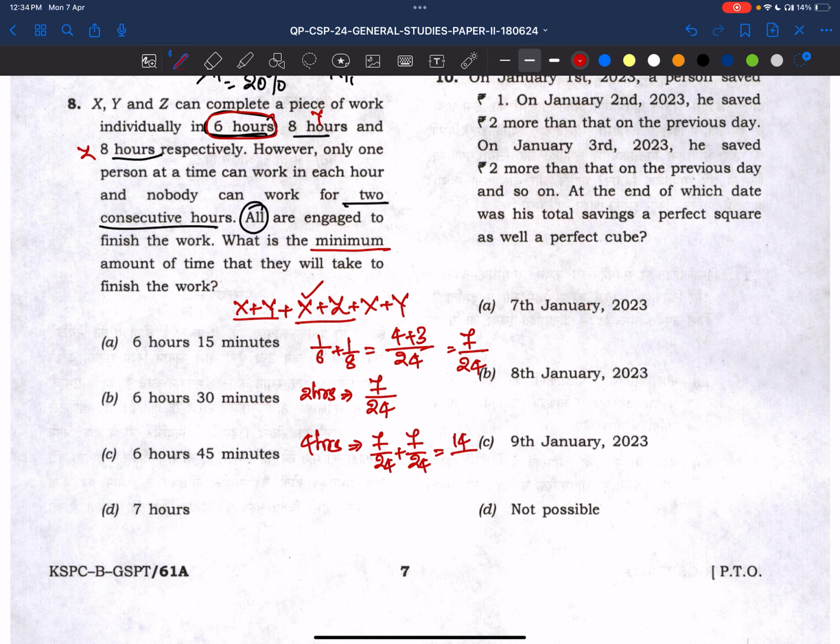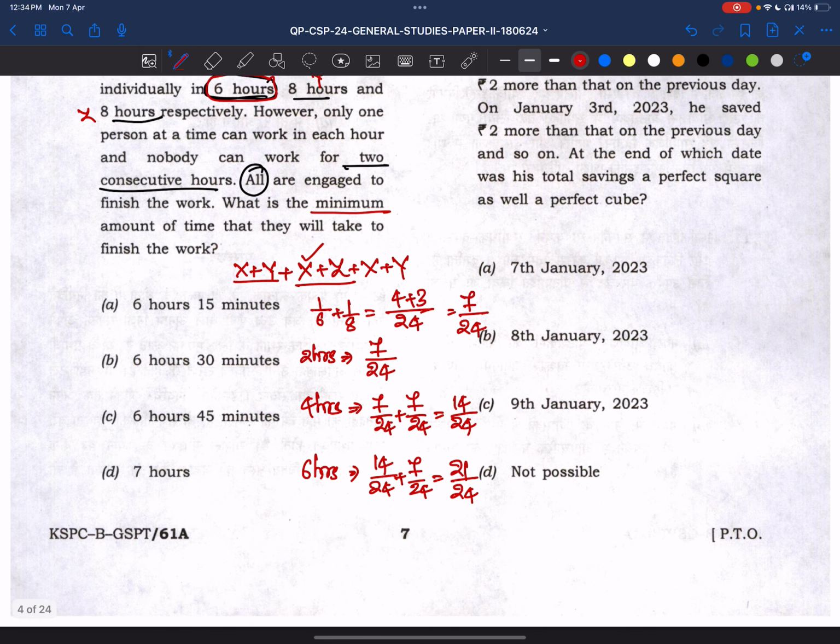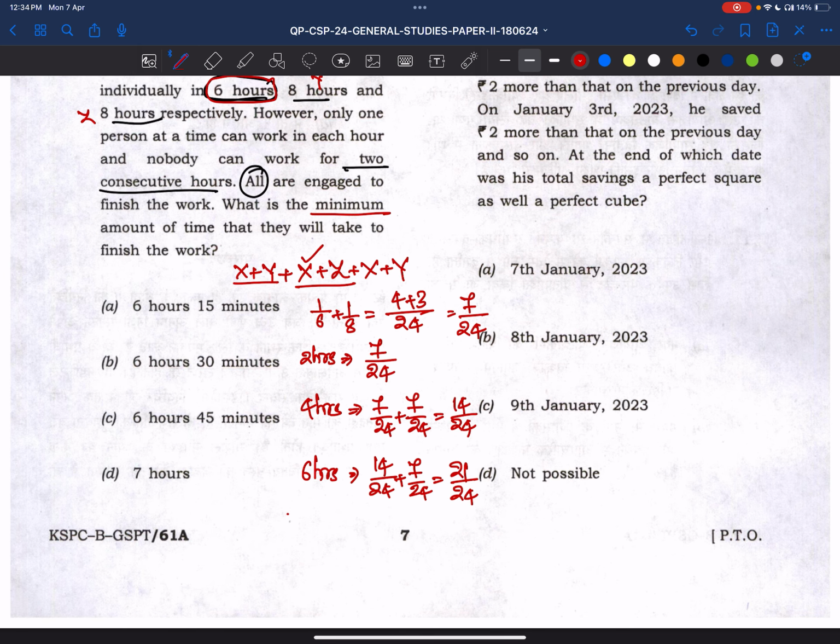That means 14 by 24 parts is completed. Now for 6 hours, same 14 by 24 plus 7 by 24. That is 21 by 24. After 6 hours, how much work is left? 24 minus 21 by 24. That means 3 by 24 equals 1 by 8. 1 by 8 part of work is left to be completed.